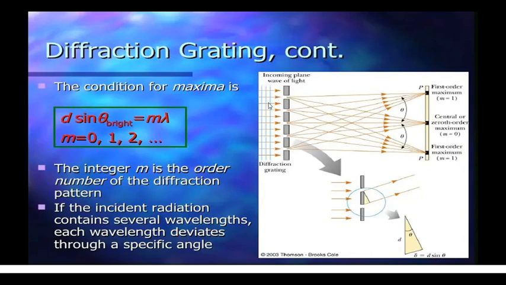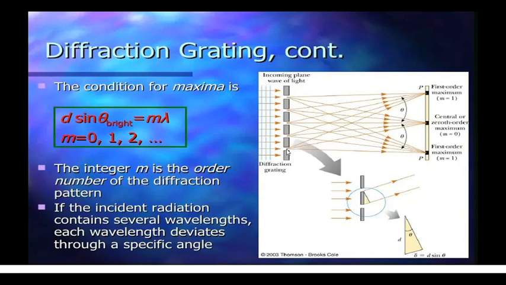The incoming plane wave of light is incident on this diffraction grating, and here you can see the light is diffracted. If the light did not have the property of diffraction, what would happen? This incoming light wave, when it comes to the slit, would only hit at this point, isn't it?